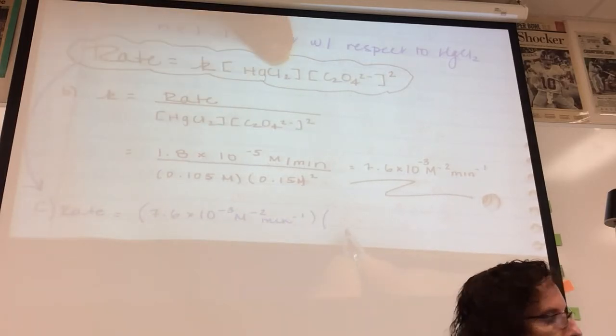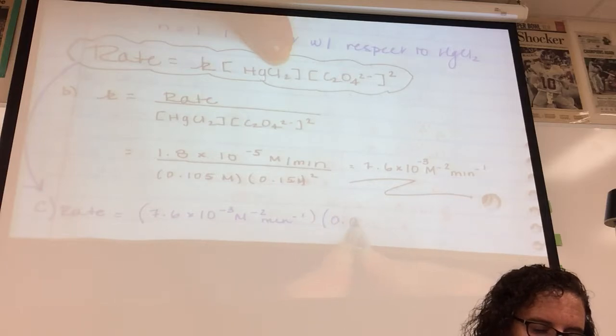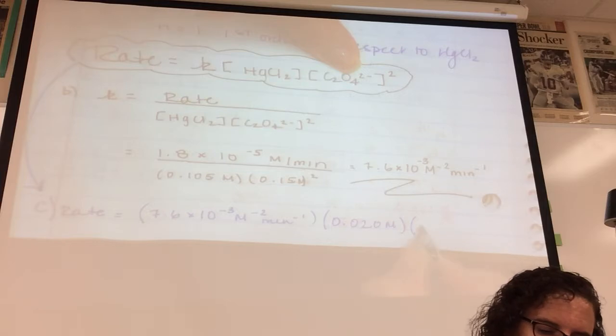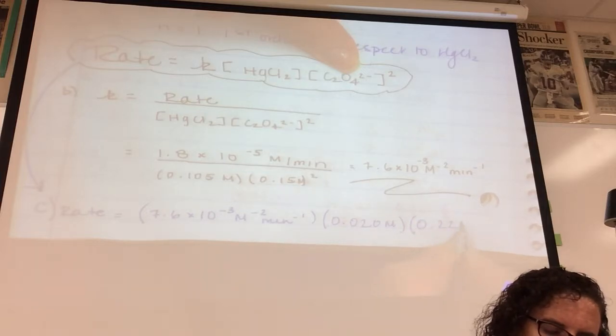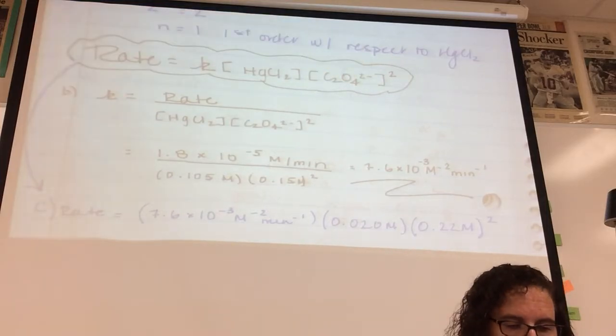This concentration is 0.020 molar. This concentration is 0.22 molar. Don't forget to square it, otherwise your units won't cancel, so you should catch it.